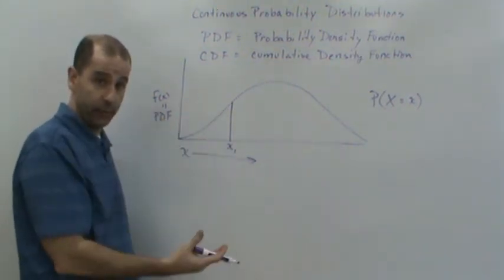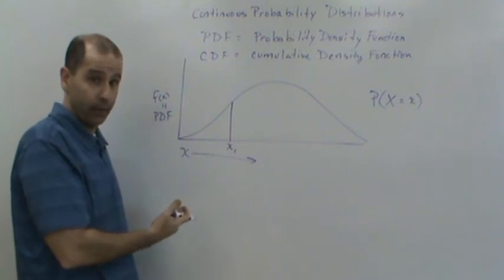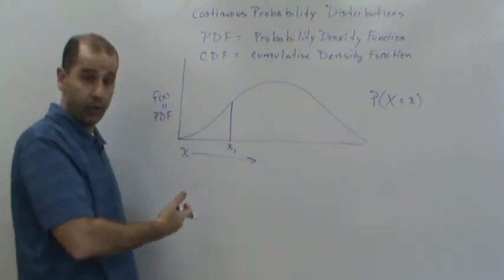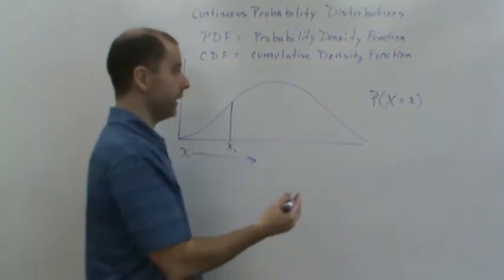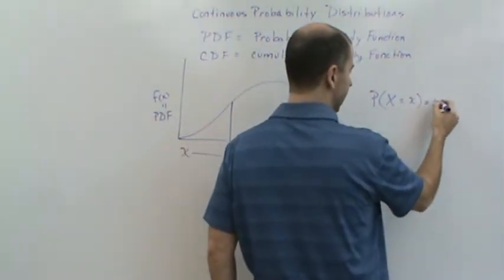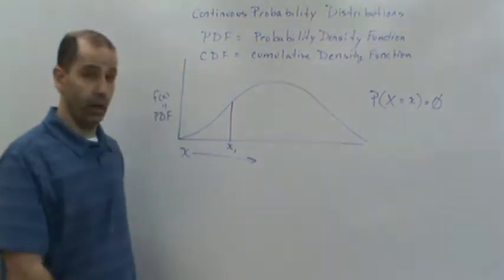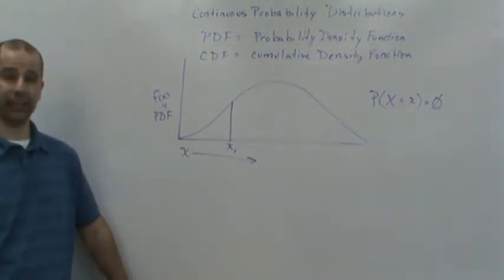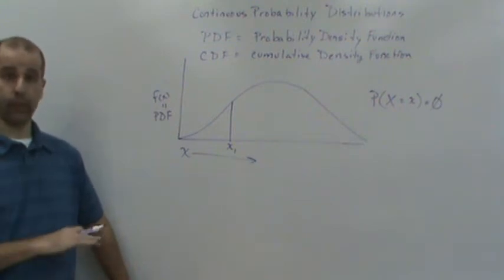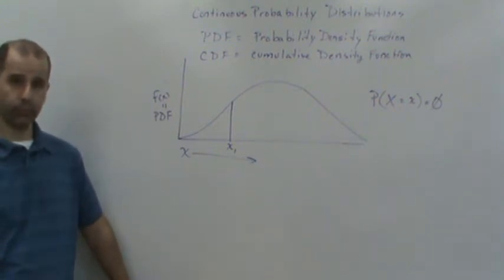It's not a rectangle. It doesn't have a width. So the area under a line is 0, which means in every case, the probability of x being equal to any value is going to be 0.